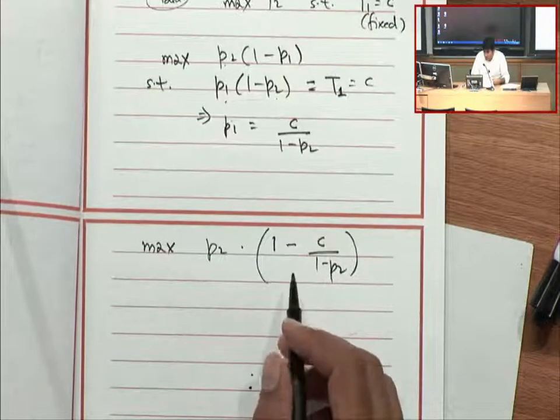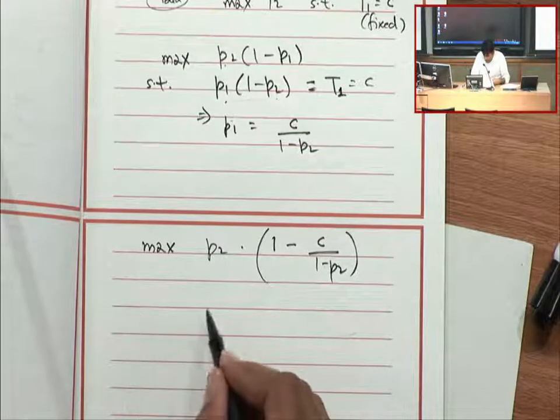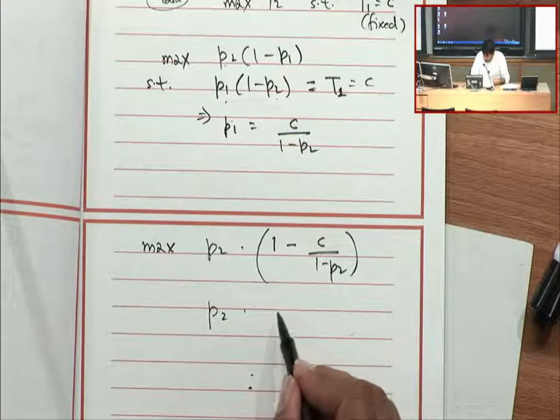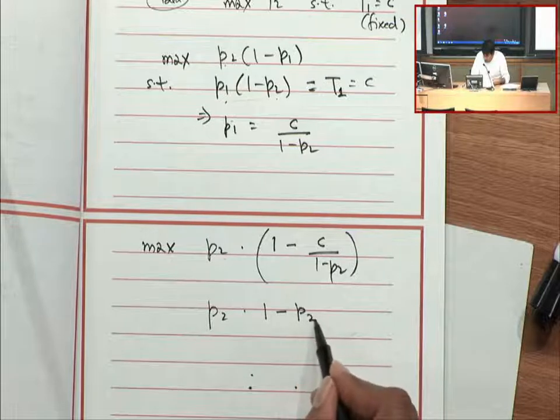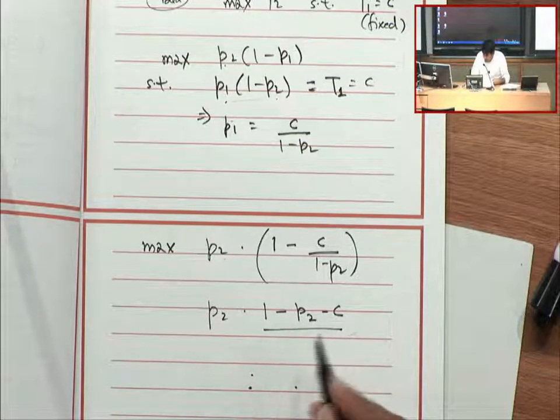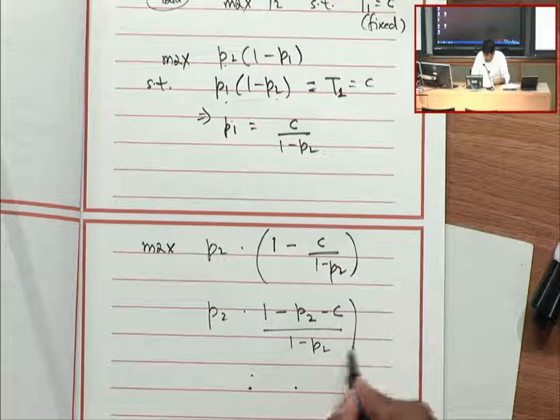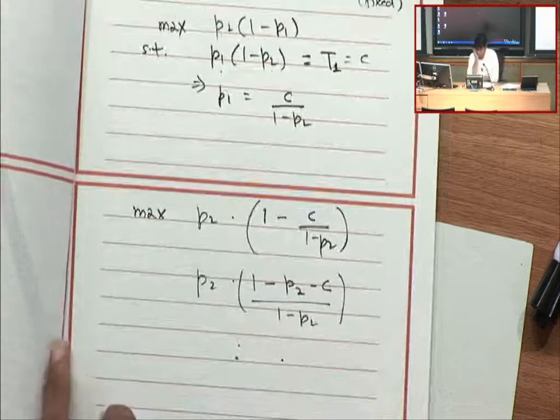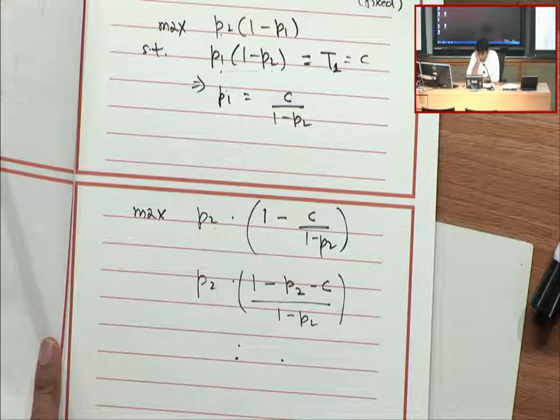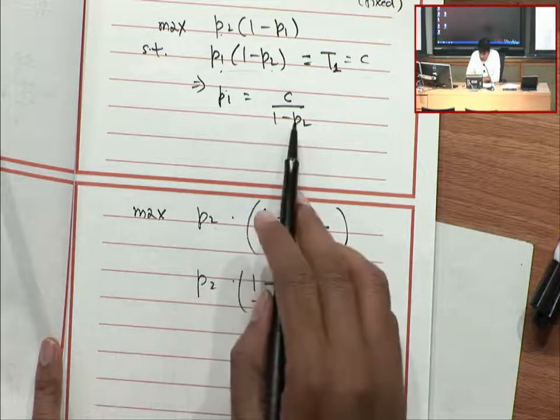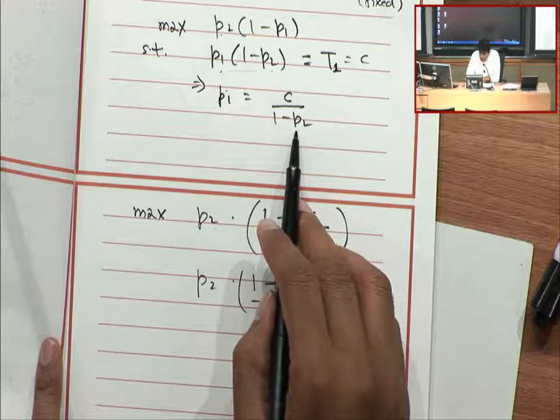So if we expand this, maximize 1 minus P2 minus C over 1 minus P2. Debating if I should go the other direction, it might be a little bit easier. So this is P1 is C over 1 minus P2.